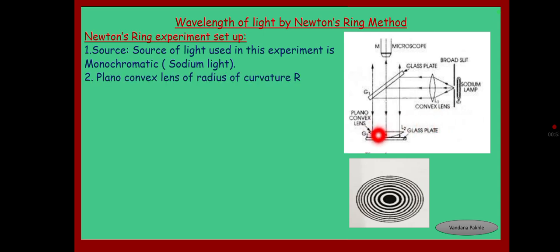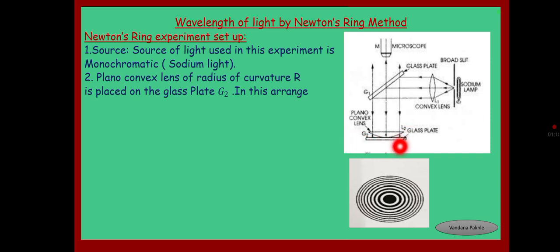So here is a plano-convex lens of radius of curvature R. In the formula, wherever R appears, it means the radius of curvature of this plano-convex lens. Students, this plano-convex lens is placed on the surface of glass plate G2.